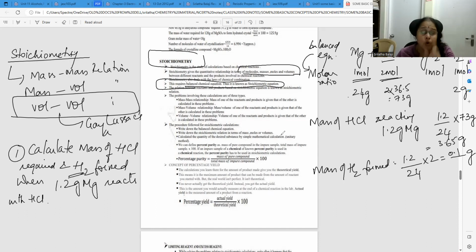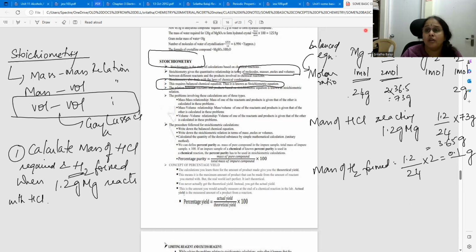They represent the moles. So Mg plus 2HCl means 1 mole of magnesium is reacting with 2 moles of HCl to give 1 mole of MgCl2 and 1 mole of H2. Is that clear? Yes, ma'am.